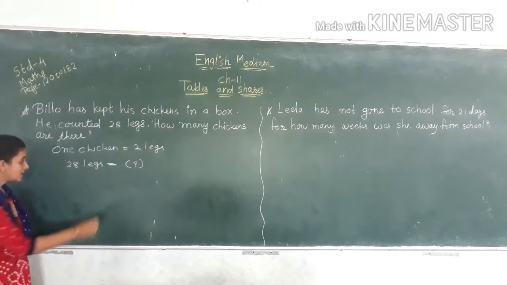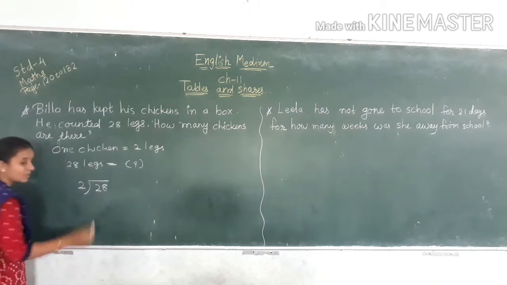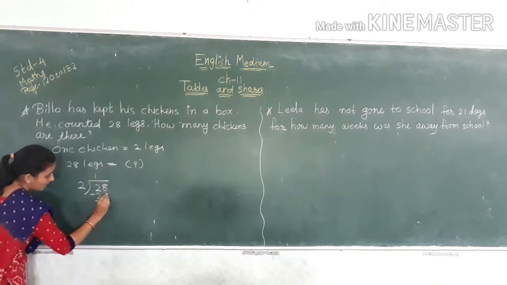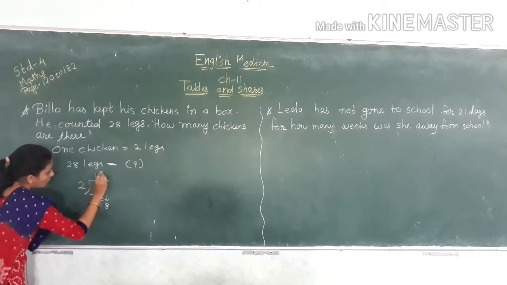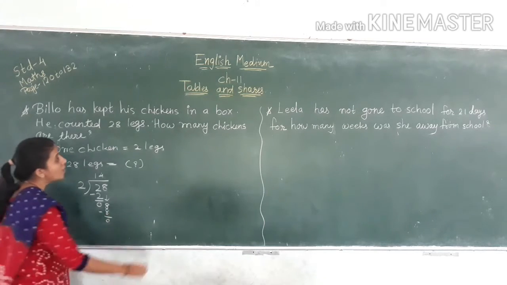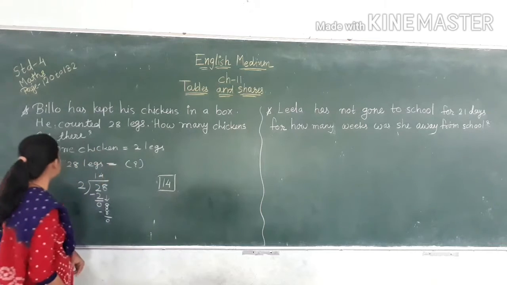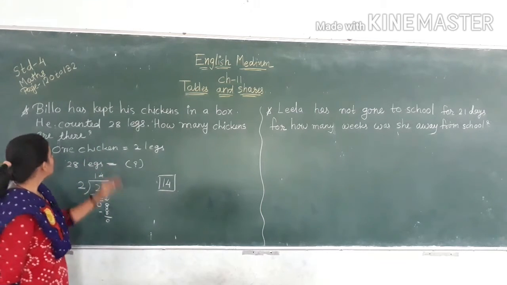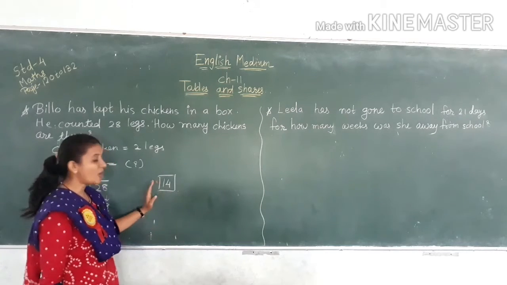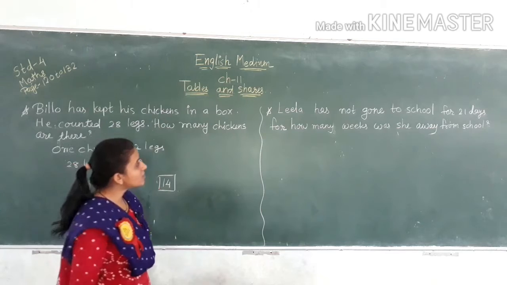So 28 divided by 2. 2 ones are 2, 0, and then 8 down. 2 4s are 8. So here 14 chickens. There are 14 chickens in a box. Now next one.